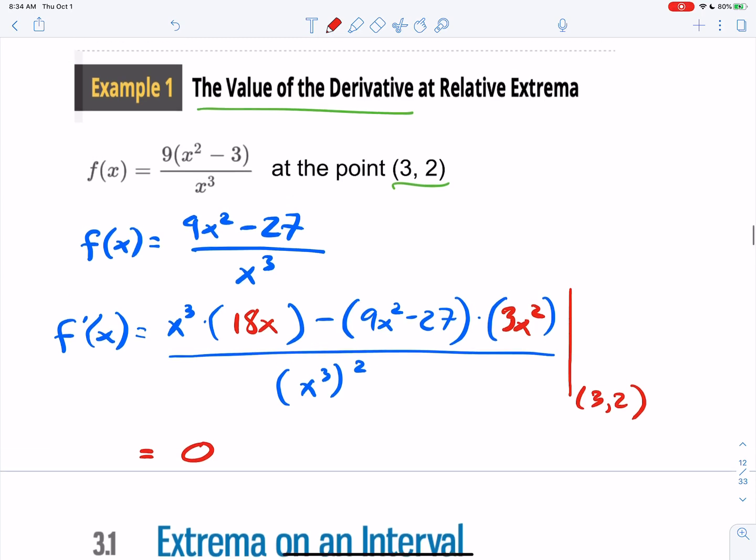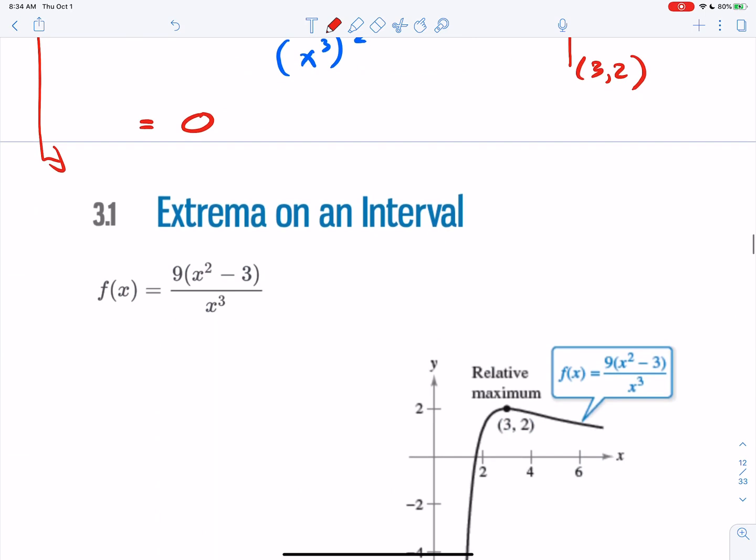So we found the derivative. Remember what derivative means: we found the slope of the tangent line at this point. So let's take a look at what that looks like with the graph here.